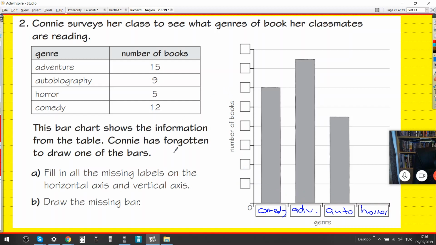Okay, what's next? It says that 5 children are reading horror books. And on the y-axis it goes 0, 2, 4, 6, 8, 10, 12, 14, 16.